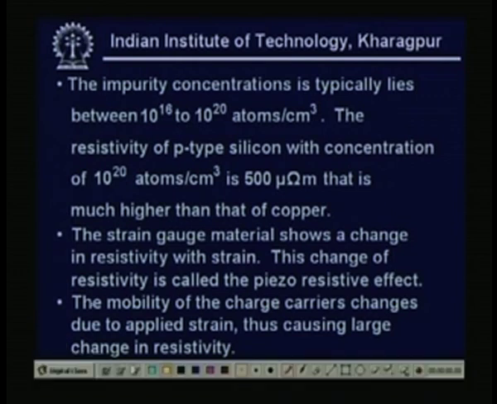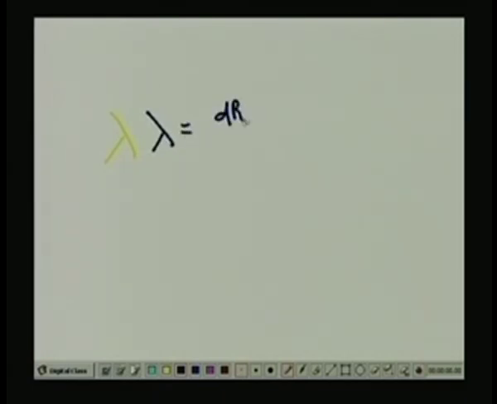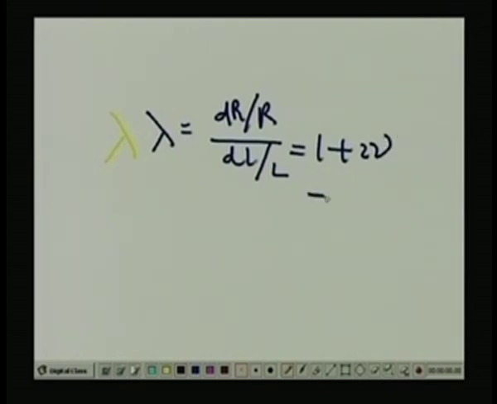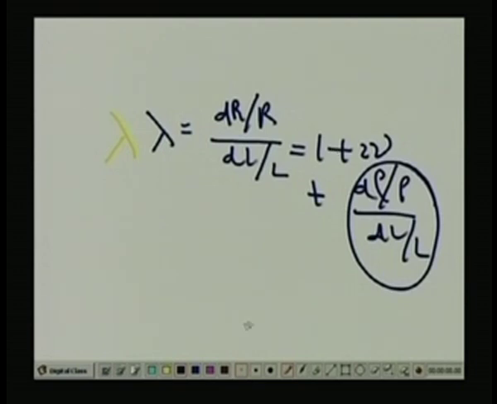In the case of a semiconductor strain gauge, this change of resistivity is very high. That is the reason I am getting the large value. If you remember our main expression, lambda equal to dR by R over dL by L, equal to 1 plus 2 nu plus d rho by rho over dL by L. So, this term for semiconductor strain gauges will vary because of this factor.